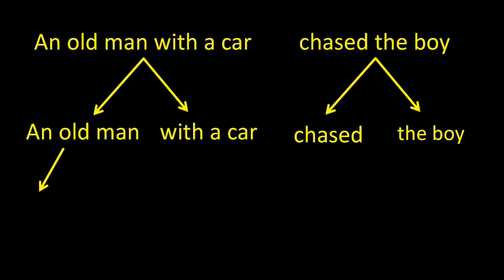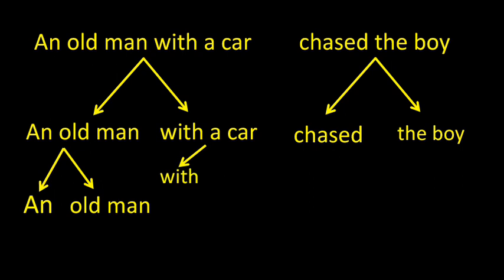Now we can also divide an old man, and also this section, with a car. Seized, we cannot divide this word further, but we can divide it in the sense of the word.